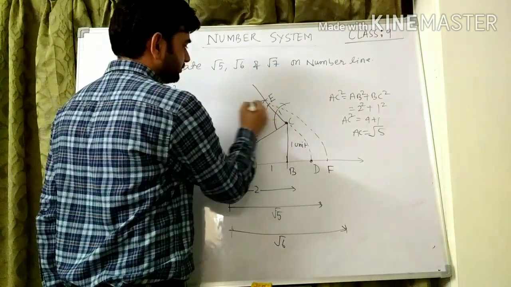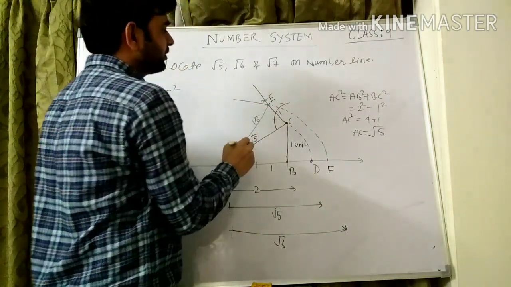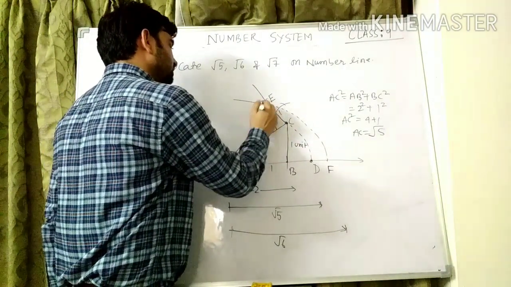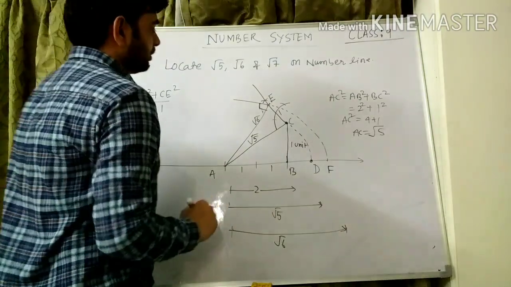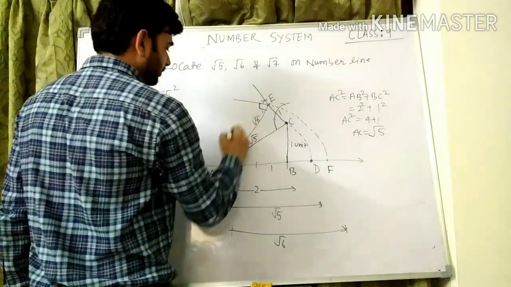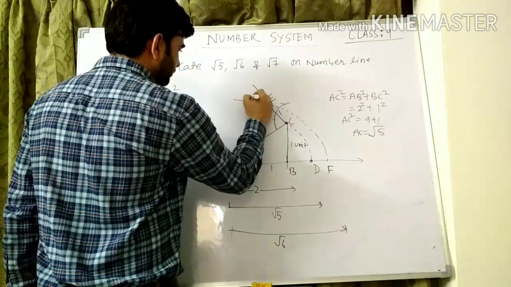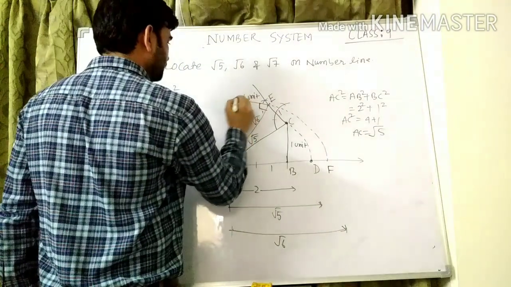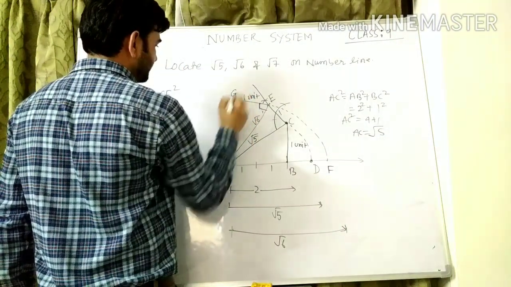Here I am directly using 90 degree. You can use the protractor, or again you can make 90 degree using the protractor. This length will be 1 unit, and join this point. This point will be G.